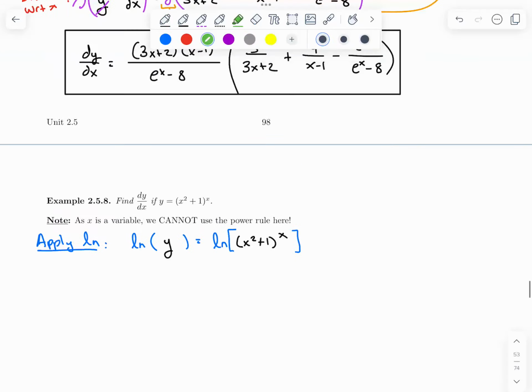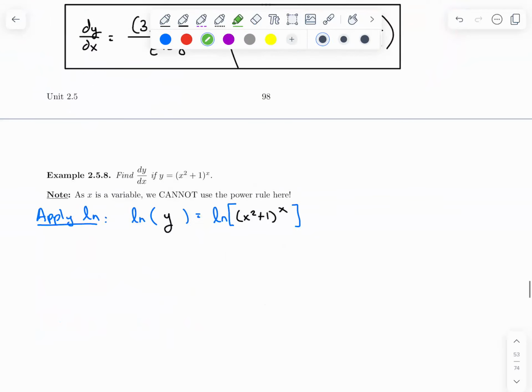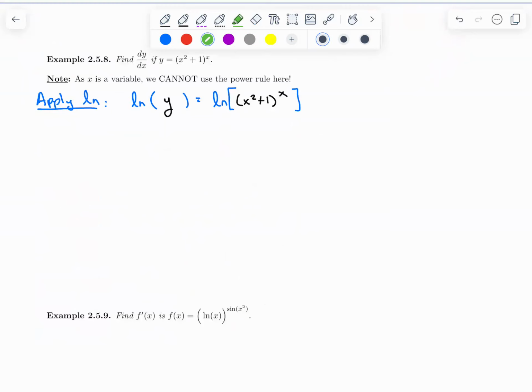And I know what you're thinking, well, Phil, that just made it more complicated. Now I've got natural logs in it. But we have to remember one of the most important properties of logarithms is that they can take care of exponents. This exponent right here can be brought out front. Now that we're dealing with a logarithm, we can bring the exponent out front. So in particular, this is equal to x times natural log of x squared plus 1.